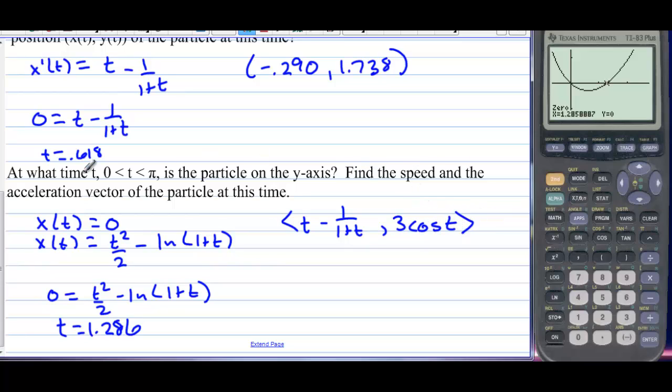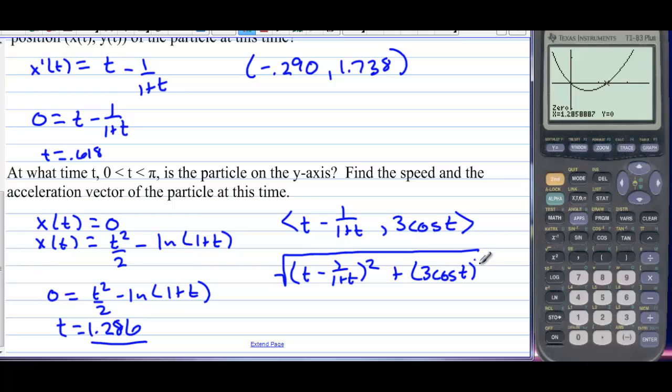We're finding the speed and the acceleration vector of the particle at this time, which means we'll plug in 1.286 into the square root of t minus 1 over 1 plus t squared plus 3 cosine of t squared. And we'll evaluate that when t is equal to, and maybe we use more than 3 decimal places, how about 1.285887? We'll use all of them for a more accurate answer.